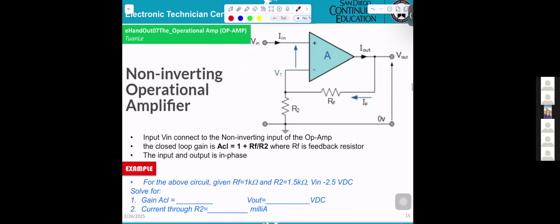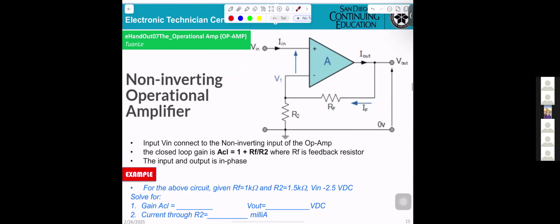Okay, so this is a non-inverting amplifier. The thing is the input is applied to the positive. Okay. And RF means the feedback resistor. Okay. And you can get R2.